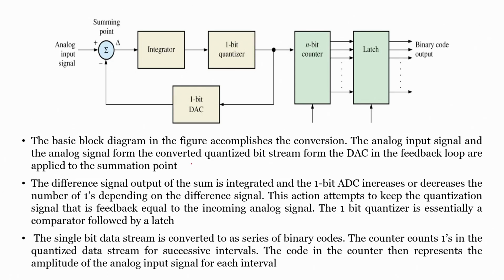So, that is what is written here: the difference signal output of the sum is integrated, and the 1 bit DAC increases or decreases the number of ones depending on the difference signal. This action attempts to keep the quantization signal, that is the feedback, equal to the incoming analog signal. The single bit data stream is converted to a series of binary codes. The counter counts ones in the quantized data stream, and the code in the counter represents the amplitude of the analog signal for each interval.